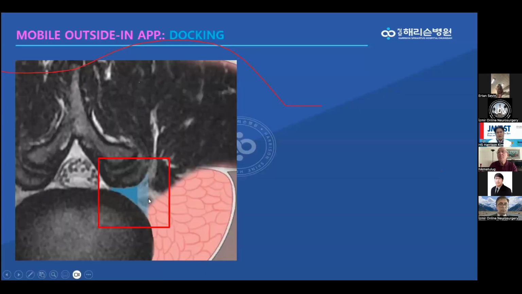In the transforaminal area there are usually two volumes of a Kambin triangle. Beginners usually know the larger Kambin triangle, but to succeed with the mobile outside-in technique, we should know this small Kambin triangle, because we should dock in this area, then mobilize the working channel from here and move to the target point. Because of that, knowing this anatomy is very important.